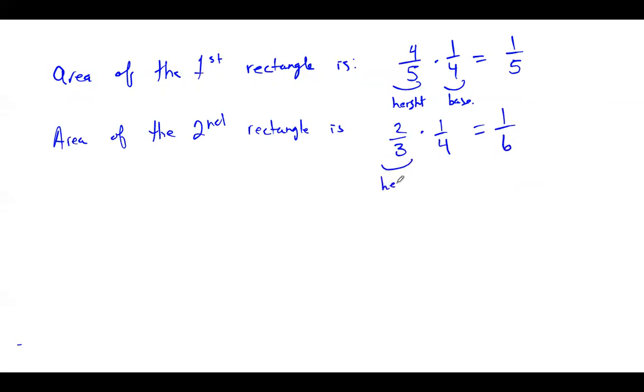Again, this is the height and this is the base. So we can do this procedure essentially. So just make a summary. So doing the same procedure for each of these.